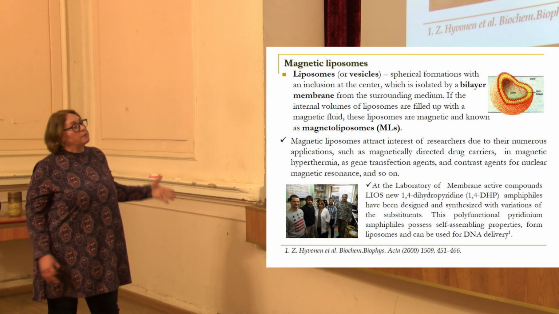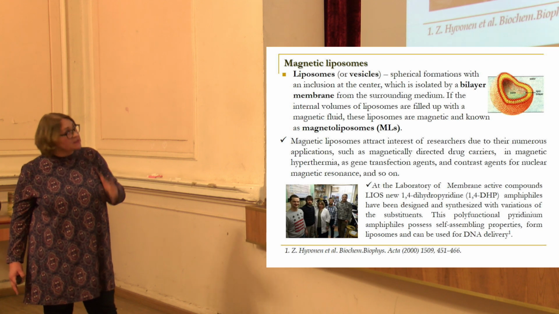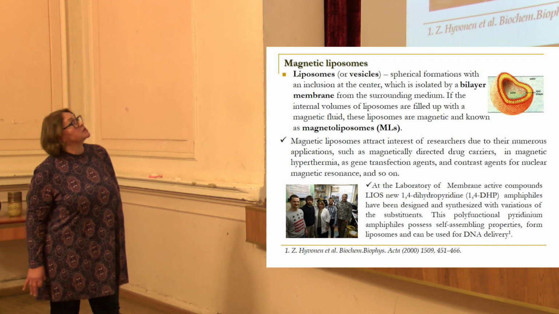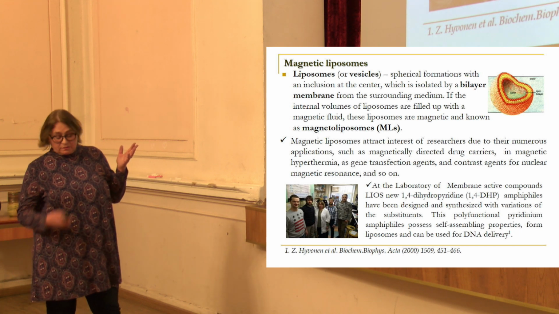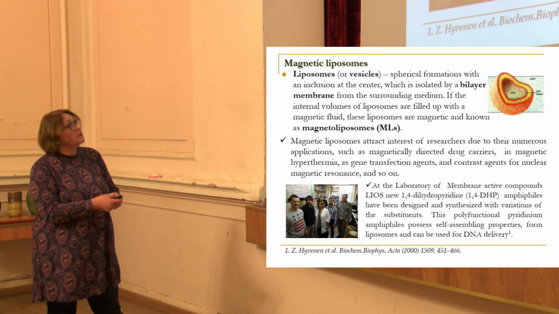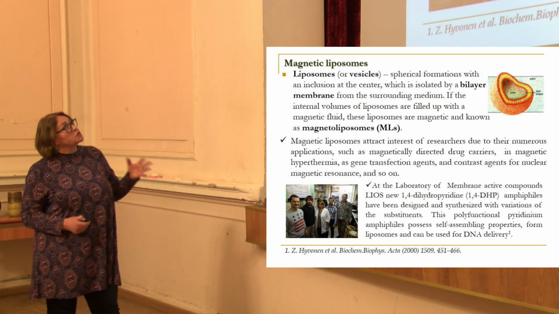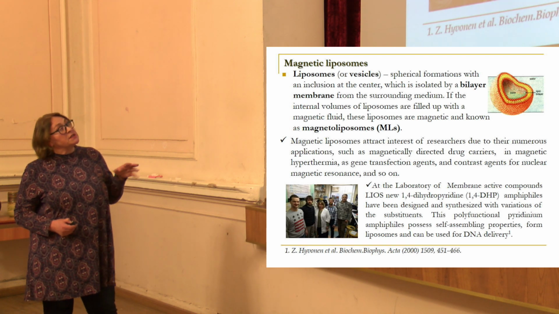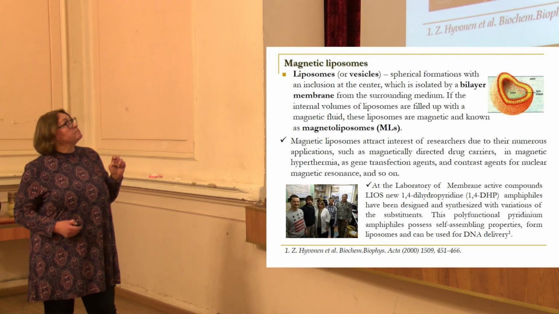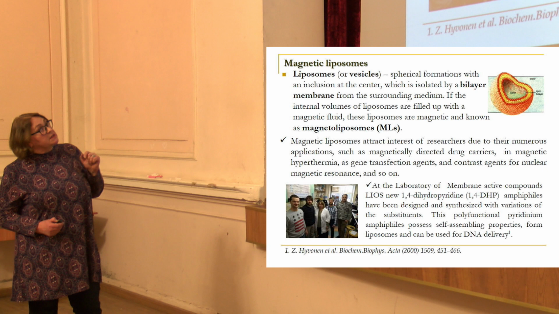One more example of functionalized nanoparticles is magnetic liposomes. A liposome is a spherical formation with an inclusion in the center, which is isolated by a bilayer membrane from the surrounding media.